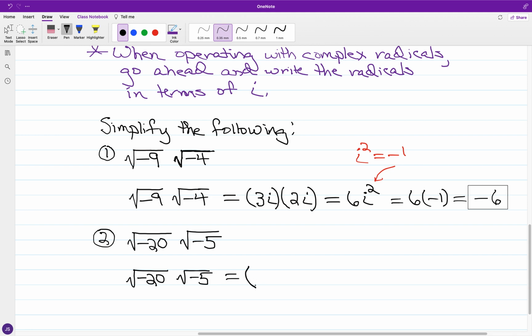For the square root of -20, you could simplify the radical, but we'll just put this on hold for right now. For the square root of -20, we have the square root of 20 times i. And for the square root of -5, we have the square root of 5 times i.